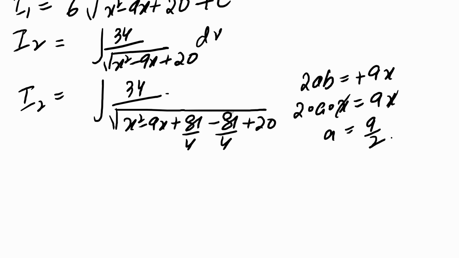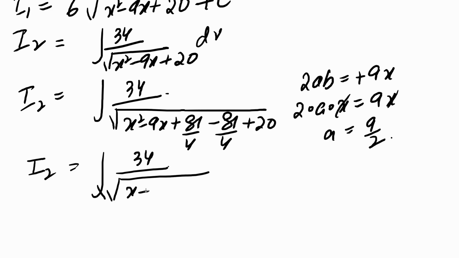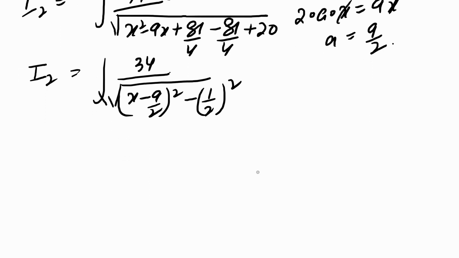So I2 will become 34 upon under root x minus 9 by 2 whole square, and this will become 80 minus 81 upon 4, that is minus 1 upon 2 whole square. Okay. So what can I write over here? Here I will use the formula.